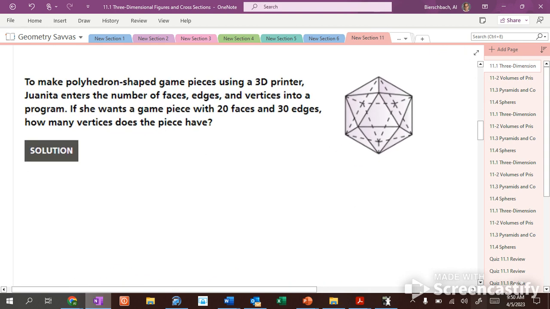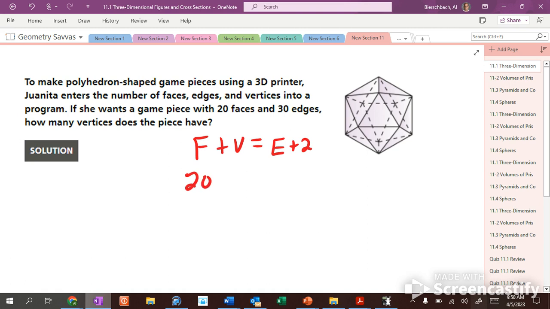All right. To make a polyhedron-shaped game piece using a 3D printer, Juanita enters the number of faces, edges, and vertices in a program. She wants the game piece to have 20 faces and 30 edges. How many vertices will that piece have? 48. No, that's wrong. Faces plus vertices equals edges plus 2.